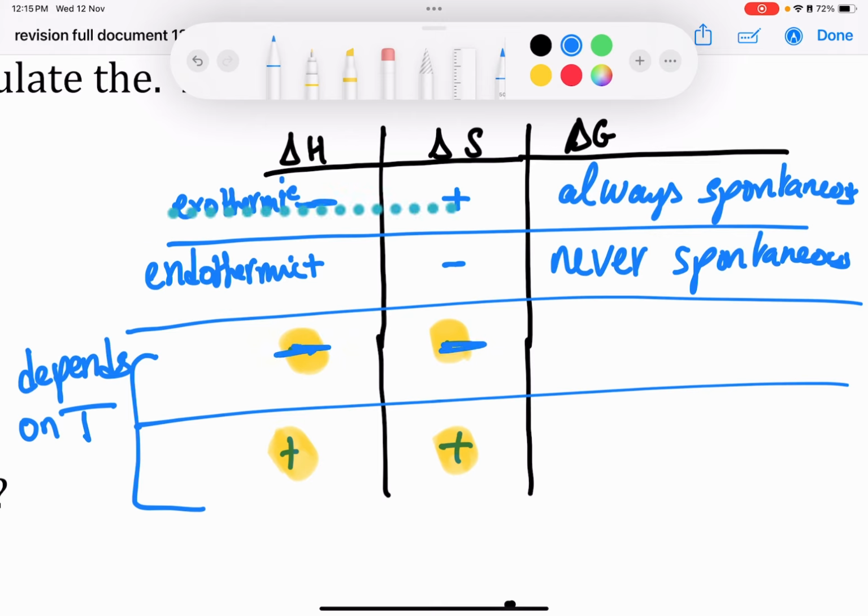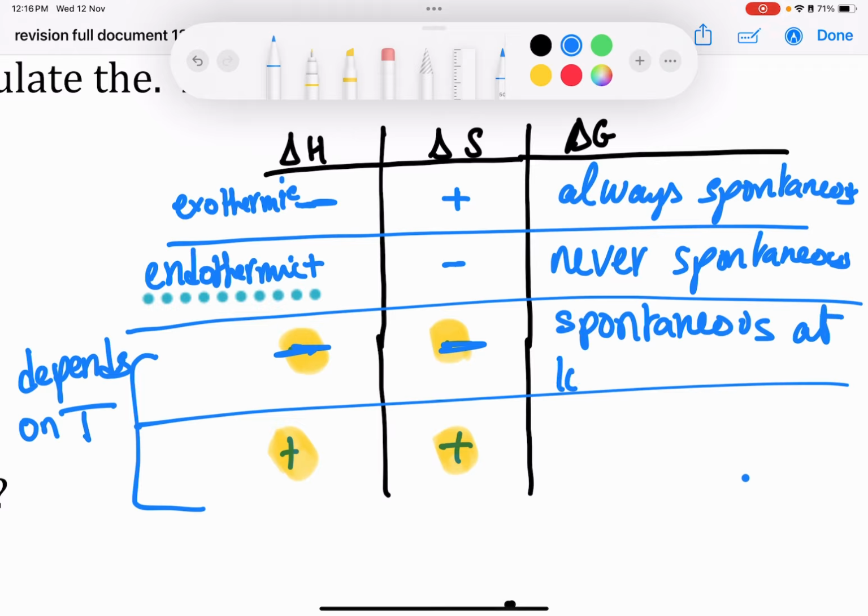For an exothermic reaction with decreasing entropy, so when both are minus minus, the Gibbs free energy is spontaneous at low temperatures. So the temperature must be low so that delta G can be negative.